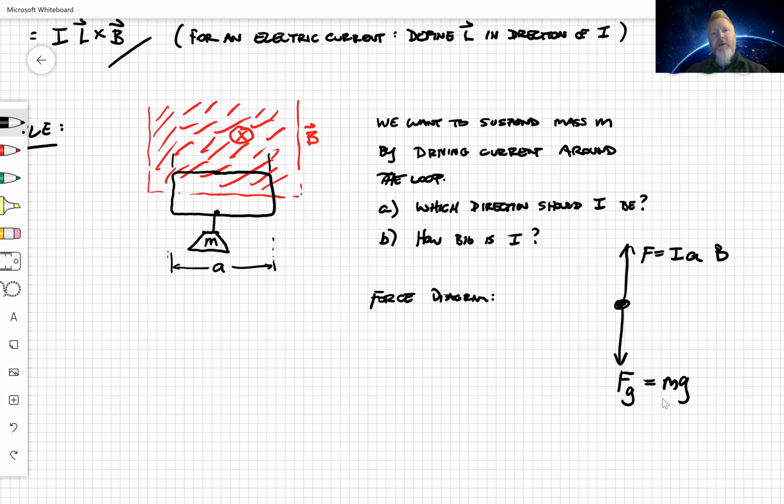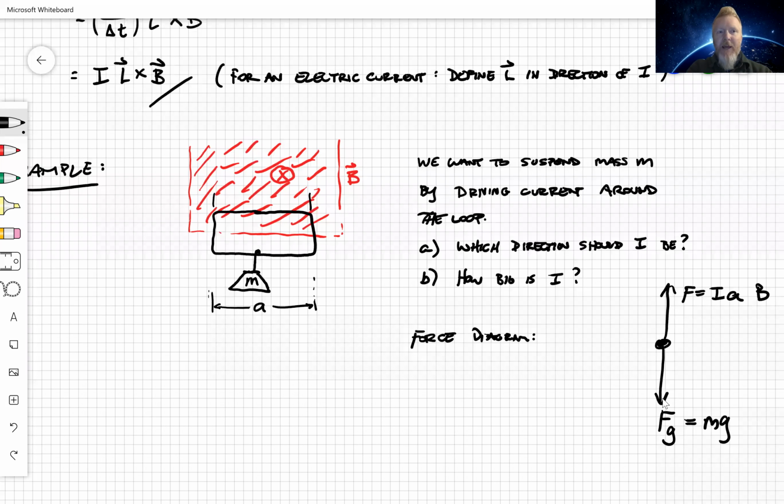Well, I need a force upwards. So what's the rule here? I look at IL cross B. I want my force to be upwards, so thumb upwards, and I know B was inwards. Therefore, I must be going left to right.